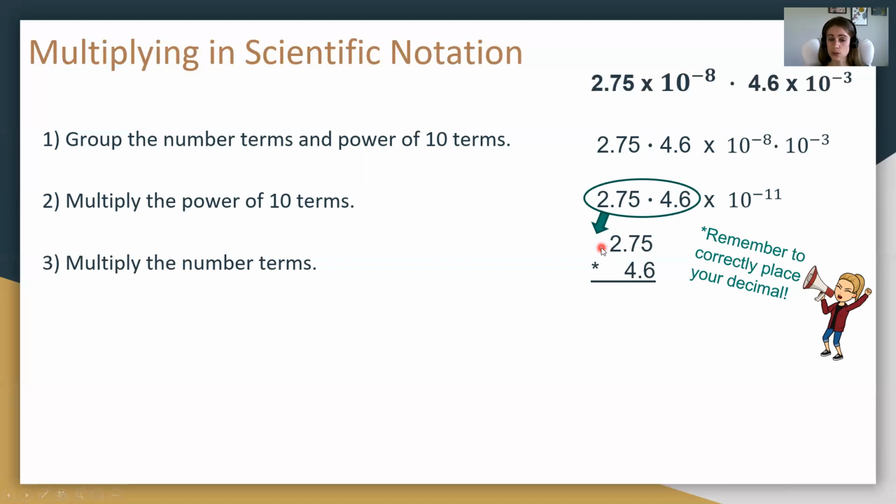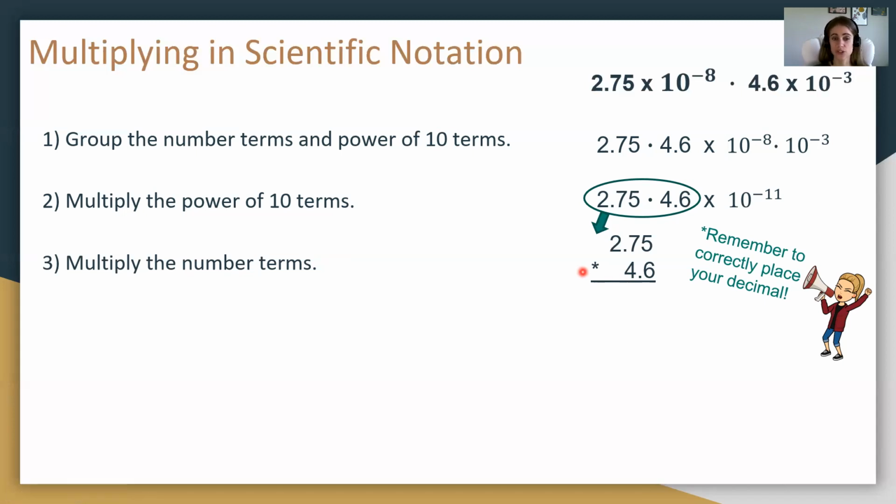So my 2.75 is not larger in value. Like if we think about it as money, $2.75 is not more than $4.60. But when we're multiplying, we put the longer one, the one with more digits, on top. And with multiplication, you do not have to line up the decimals.